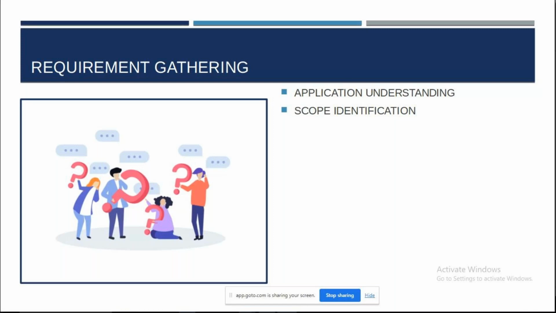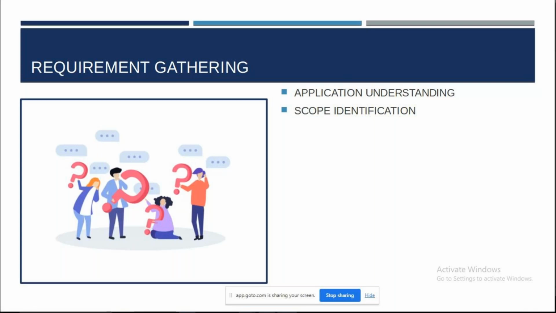If any functionality or module is not going to be used in production at all, there is no point in including that in your performance testing. Clear all of you? That is why it is very important that you identify your scope.